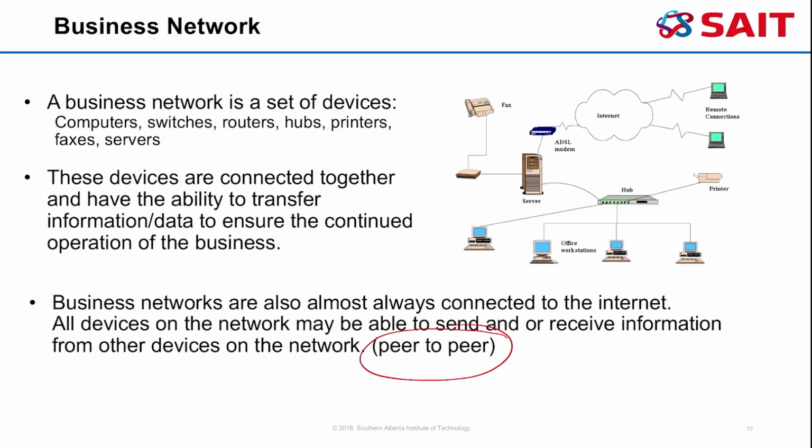So we've circled peer-to-peer here, because when it comes to how information is transferred and shared over the network, this is a primary difference. Even though the equipment is the same, peer-to-peer is a primary difference.